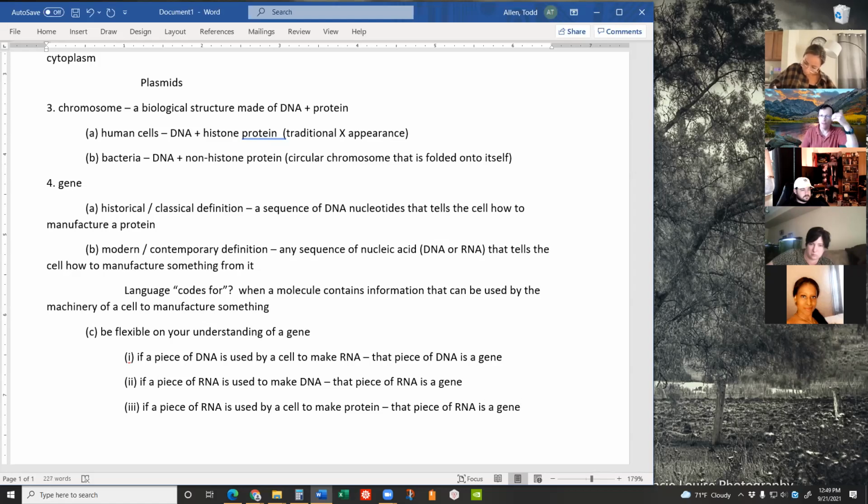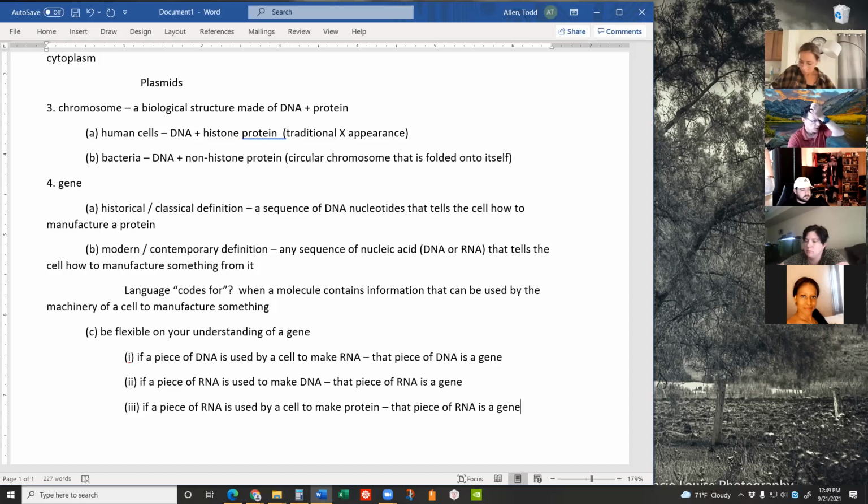The commonality here is that you have a molecule which contains information, and that molecule will typically act as a template of information that the machinery of the cell will then decode in the process of manufacturing another, second, different, new molecule. So if you make a piece of RNA, then the original DNA was a gene. If you make a piece of DNA, then the original molecule was a gene. If you make a protein, then the original molecule is a gene.